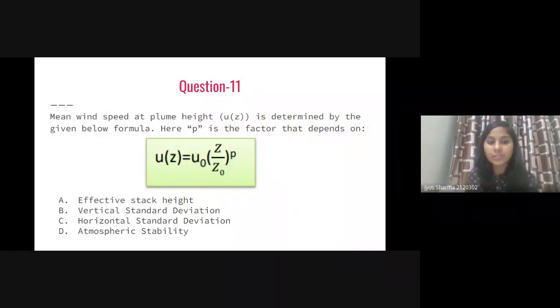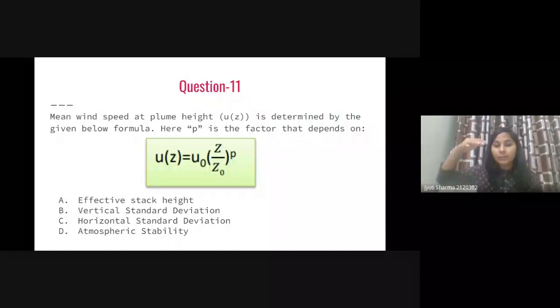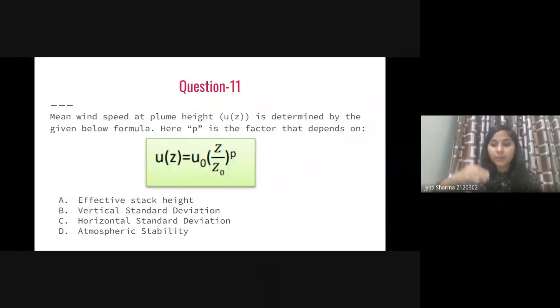This is not just about the chimneys or plume. For example, at zero height you have some wind velocity, but at 1 kilometer, what will be the wind velocity? You know that wind speed exponentially increases with the height.